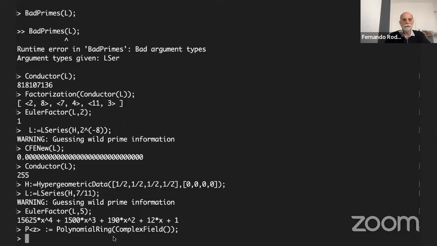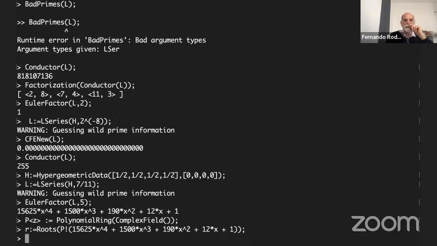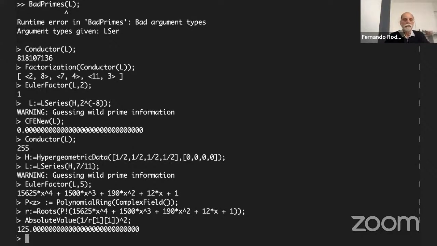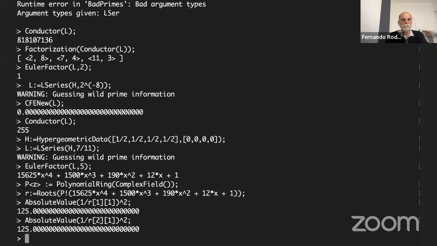So I just want to look at the roots of this polynomial. And then let me see what the absolute value of the square of one of these roots is: 125. So what this tells us is, I could look at all the other roots as well. They will all have the same absolute value. There's 4 of them.